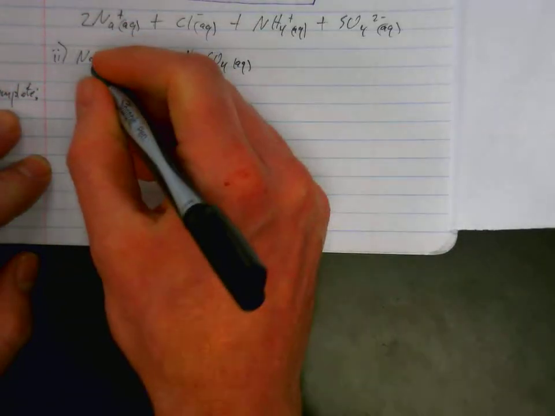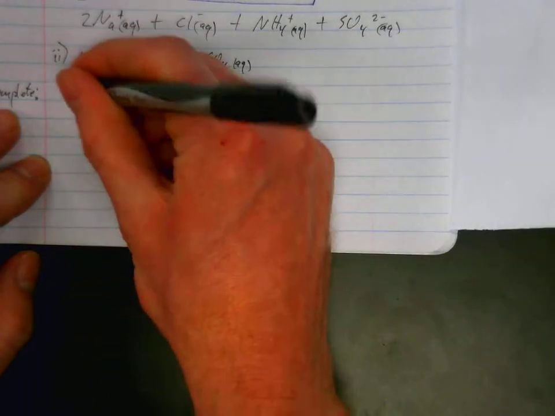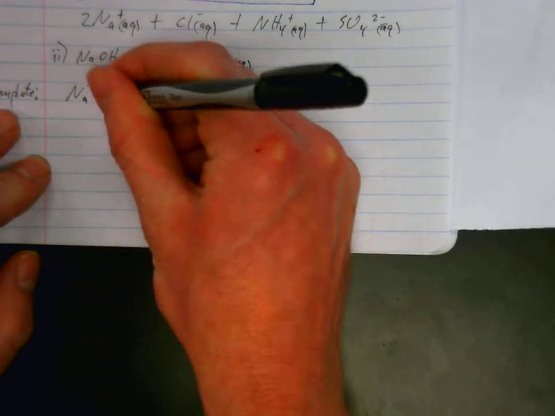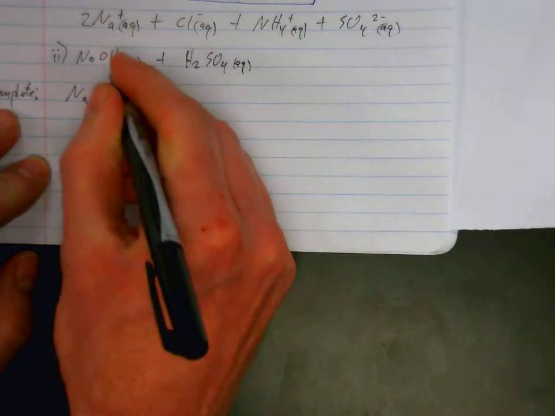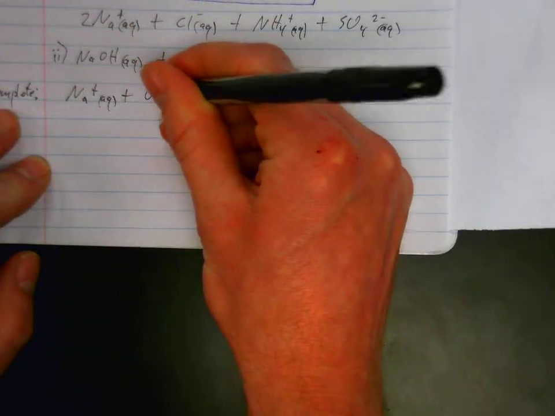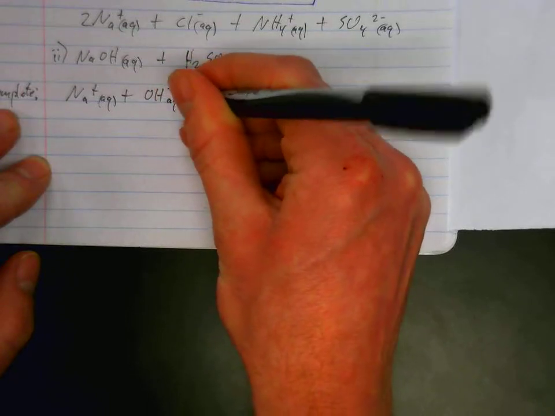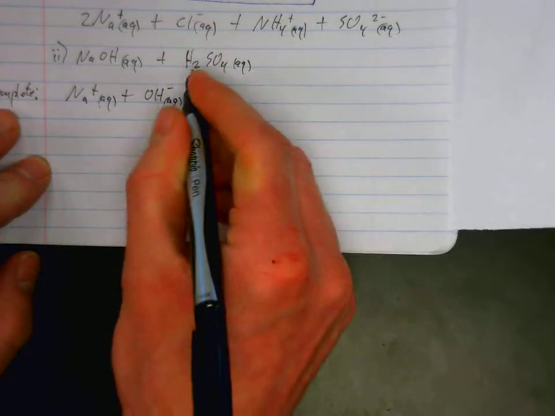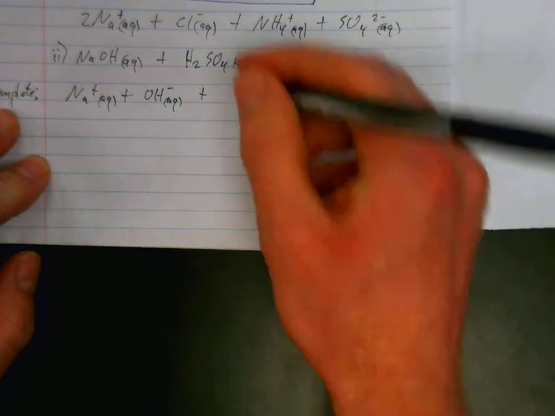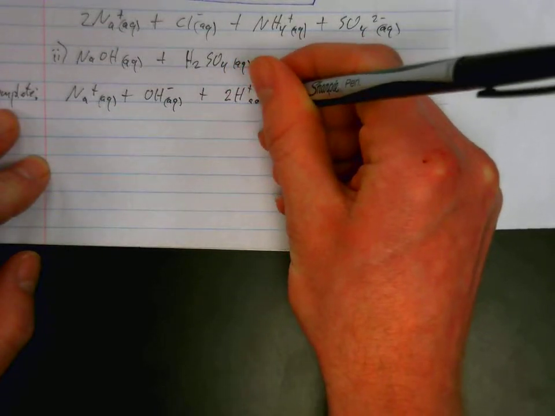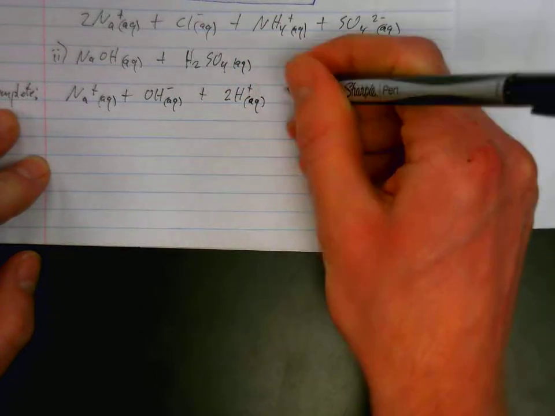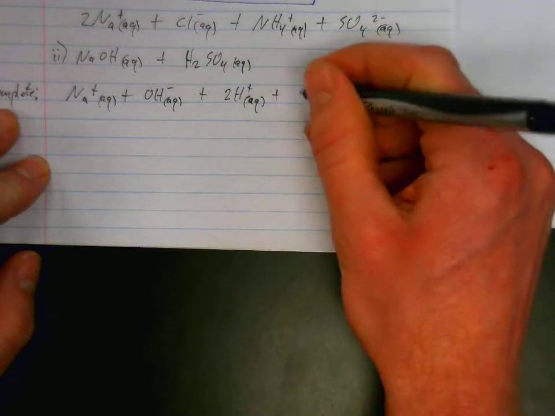So we have sodium. Sodium forms a +1 charge. Hydroxide is polyatomic, OH minus. Then we have over here hydrogen, which is H plus, and we have 2 of those. And we have a sulfate.